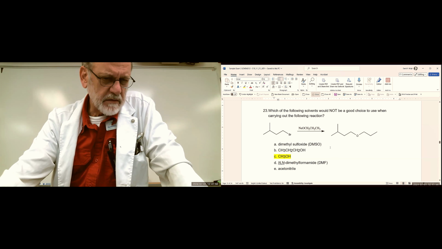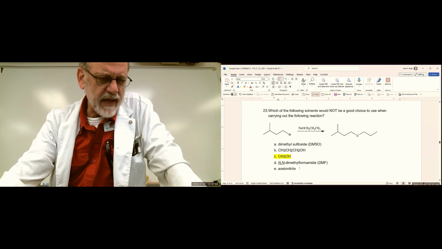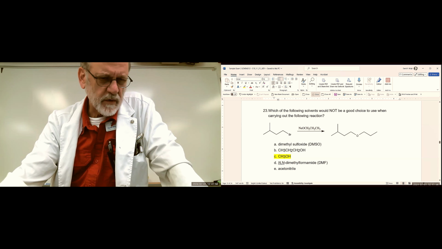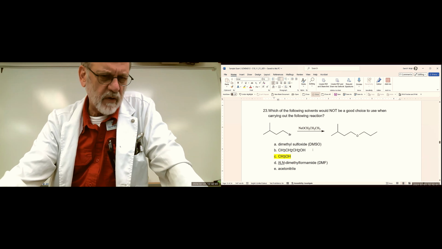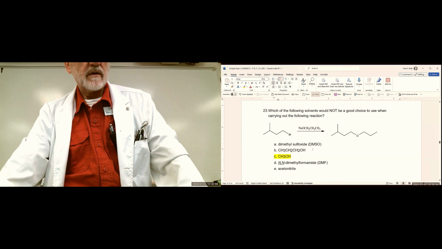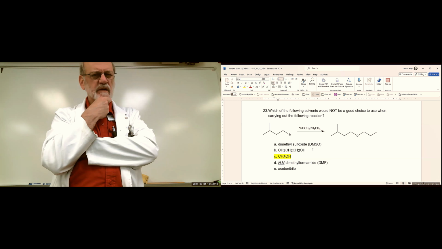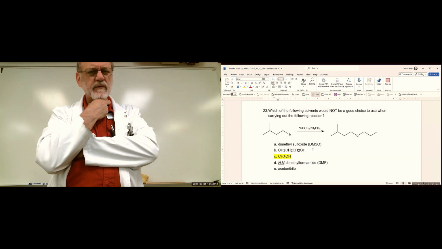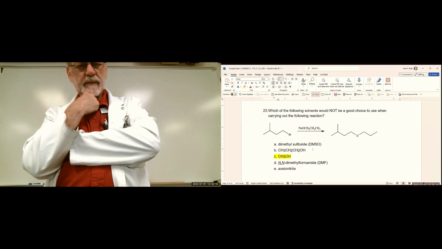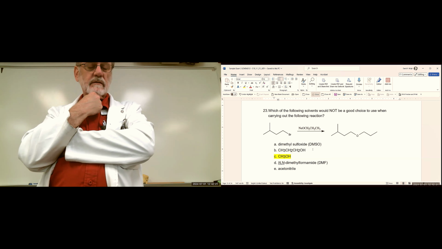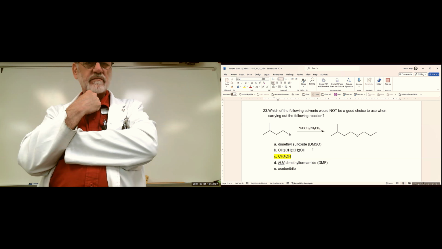Some of those others, of course, E, D, and A are all aprotics. But what about 1, 2, 3, that propanol? If we used propanol, yeah, we could do that, right? We'd have sodium propionate.